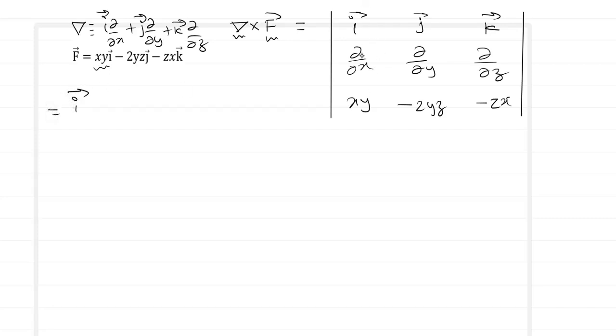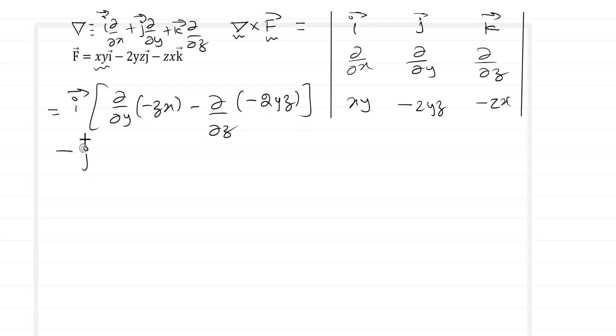So it is i vector times, close your row and column of your i, so you will have dou by dou y of minus zx minus dou by dou z of minus 2yz. Minus j times of, always keep in mind j takes a negative value. Hide your j row and j column. So what will be left out?